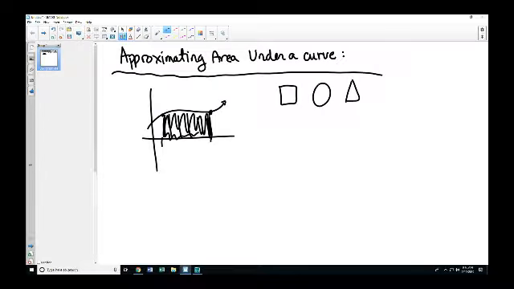Now we're going to add a component of a curve to that. That's the next step up, because in the real world, very few shapes are actually perfect. So we need some method to calculate areas of funny shapes. So start with approximating.